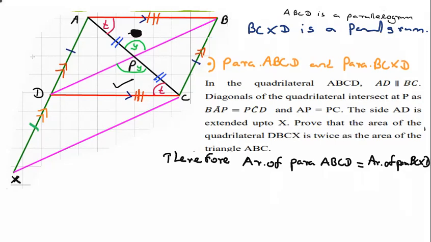Uh-oh, problem. Because we have proven the area of BCXD is equal to the area of another parallelogram. But here they want us to show the connection between DBCX and a triangle. So how can we bring a triangle into the picture?